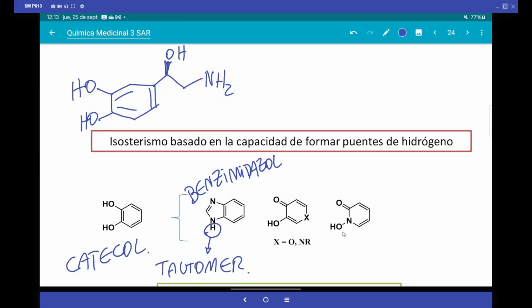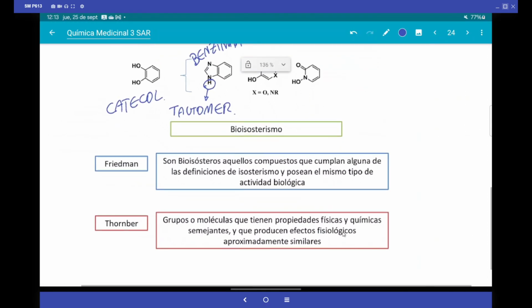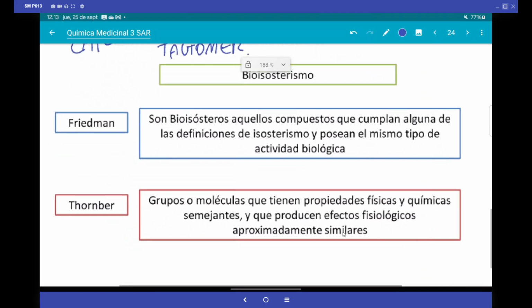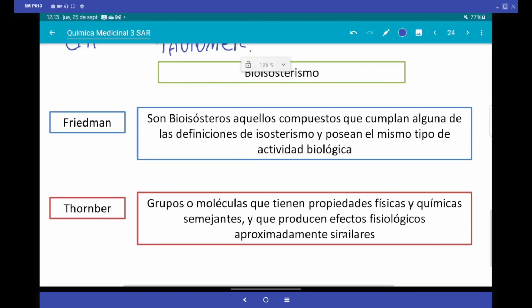Well, to conclude, only now deliver this concept that says bioisosterism, because where did bio come from? Well, bioisosteres are those compounds that fulfill some of the definitions of isosterism and have the same type of biological activity, that is, the biological activity is preserved.